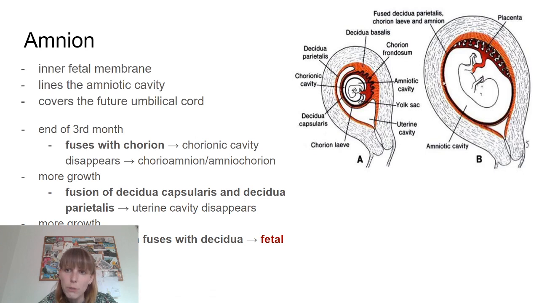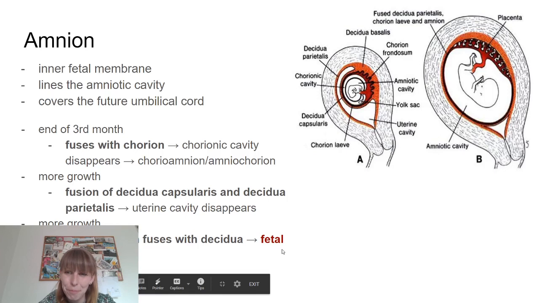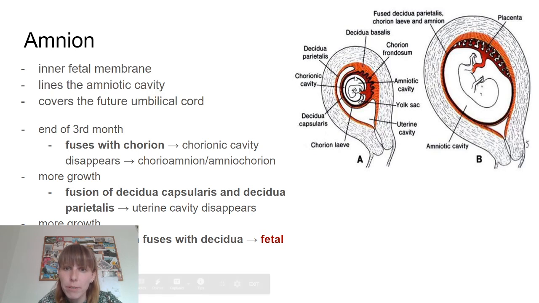all of these fused layers is what we call the fetal membrane. So here we have the layers separated. So we have amnion, then we have a cavity, then we have chorion, then we have one decidua, cavity, second decidua.